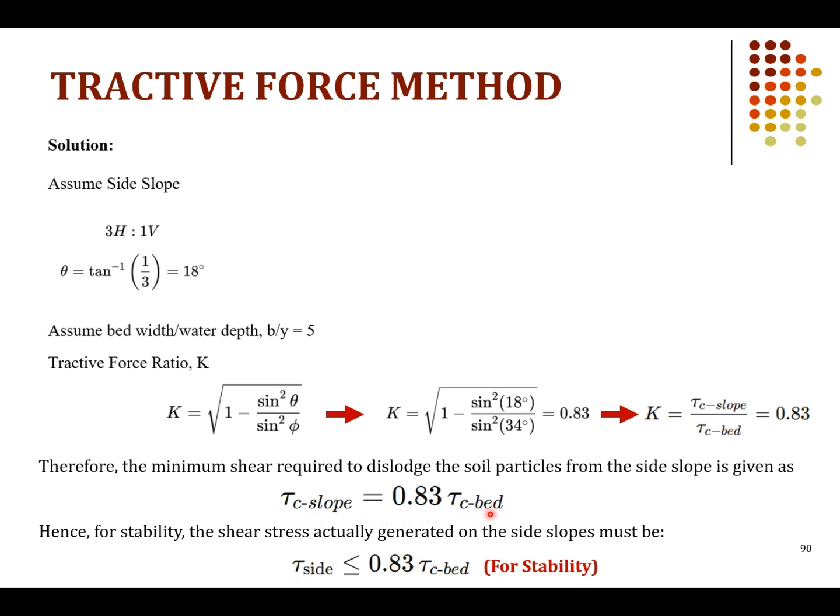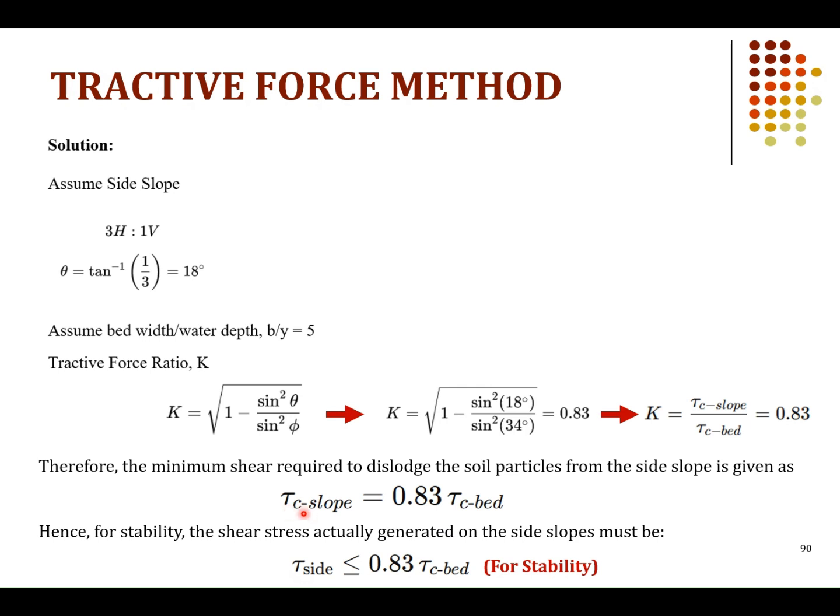Now, for stability, the shear stress actually generated on the side slope must be less than this value. This value is basically the critical for the side slope. As I said before, the permissible should be less than the critical, so that erosion would not happen.